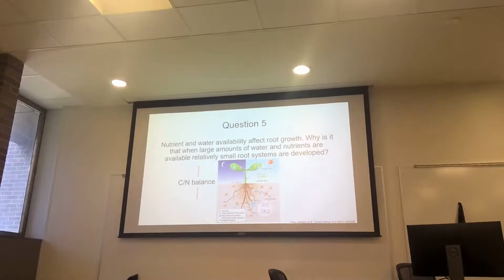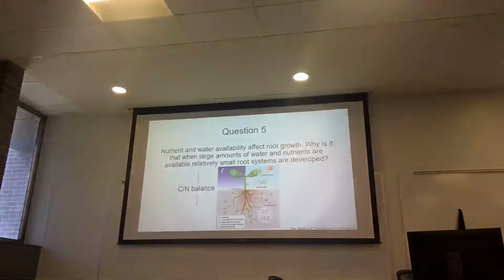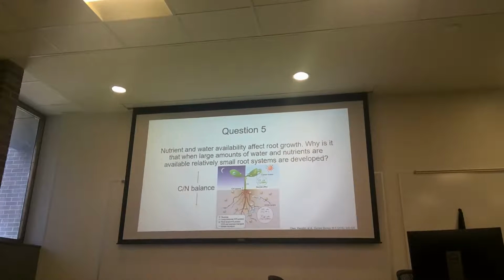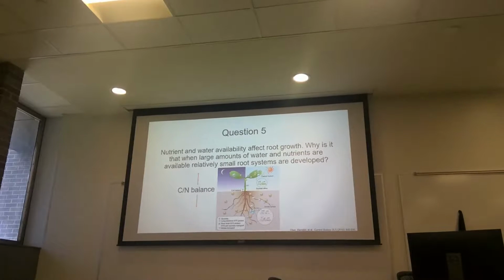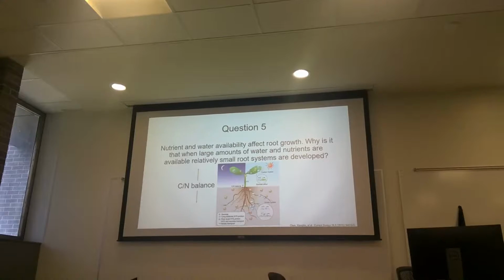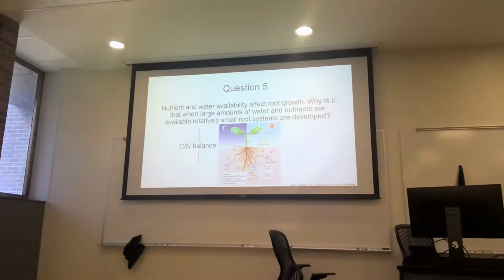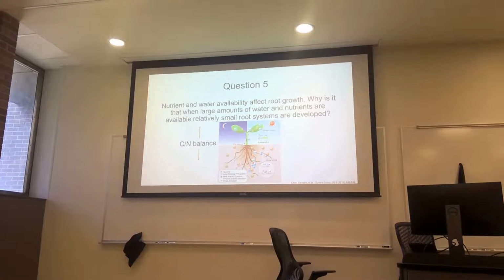If you have a lot of all of these nutrients and you absorb them, you still need carbon, because that carbon is what is going to give you at the end the energy to deal with all of those nutrients that you're acquiring. You need those nutrients either to build molecules, to do something with them.